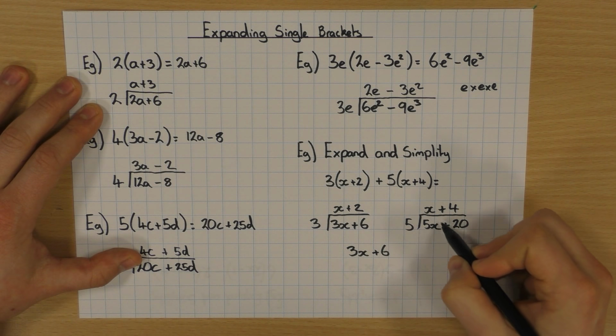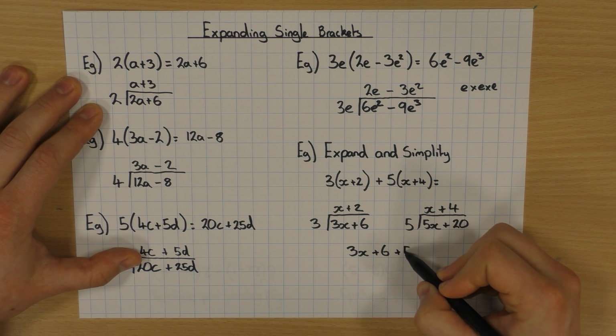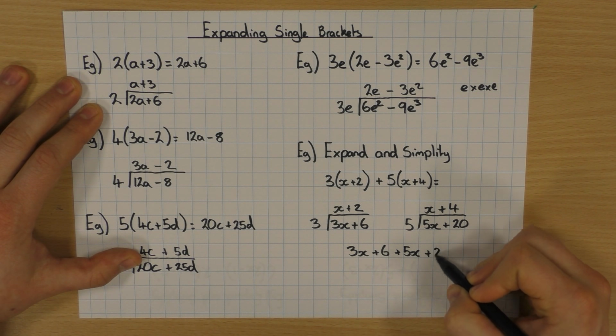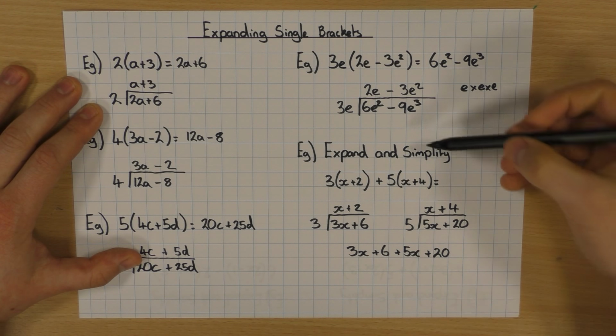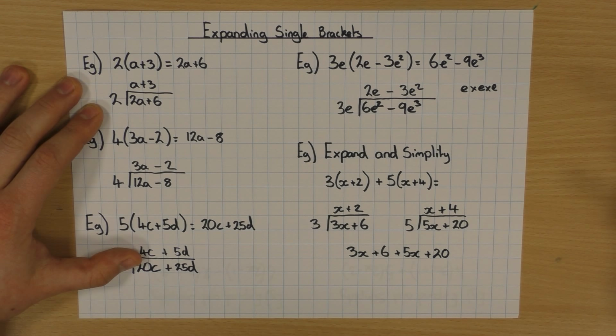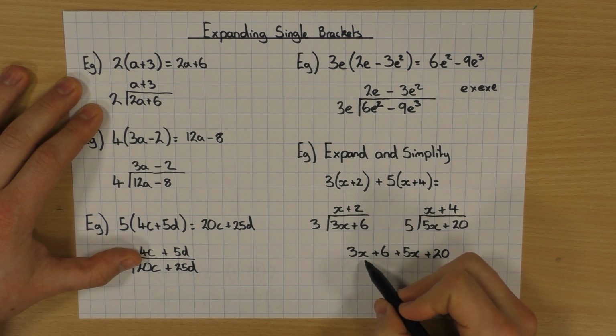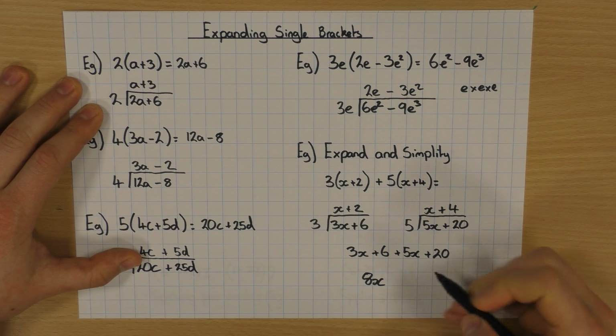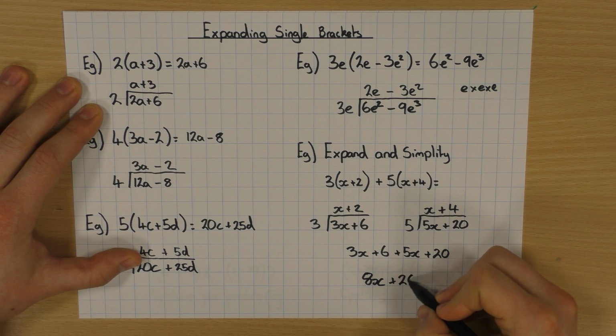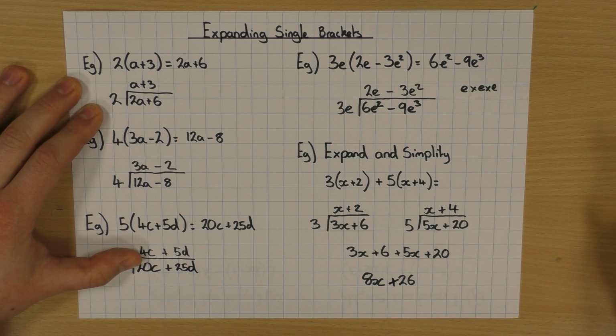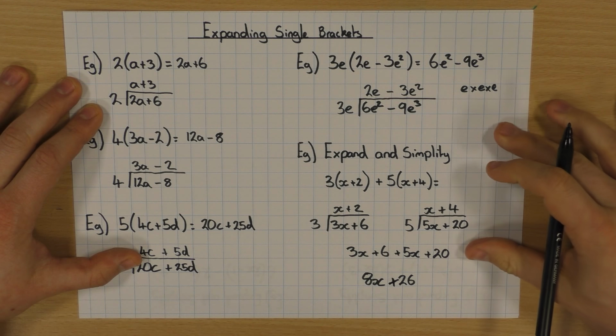So there's the first one. I'm adding this, so plus 5x plus 20, and then we just simplify it, hence the expand and simplify part to the question. So 3x plus 5x is 8x, and then 6 plus 20 is 26. Okay, and there's your answer.